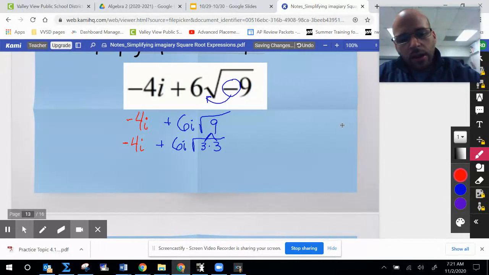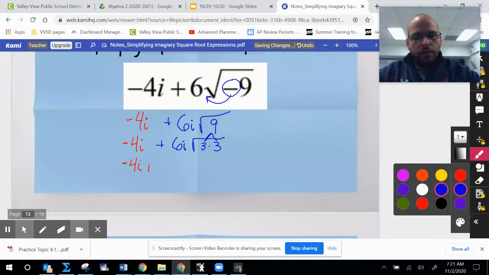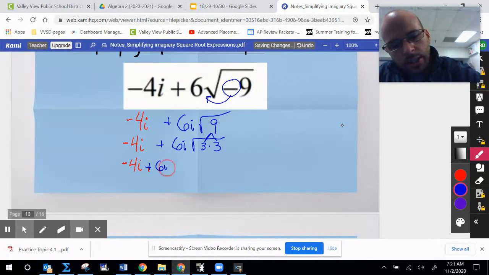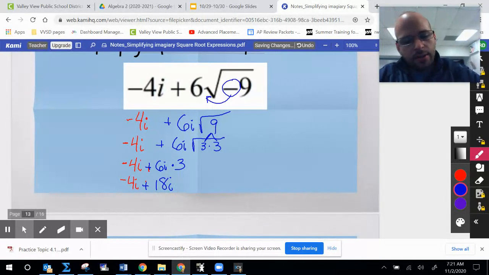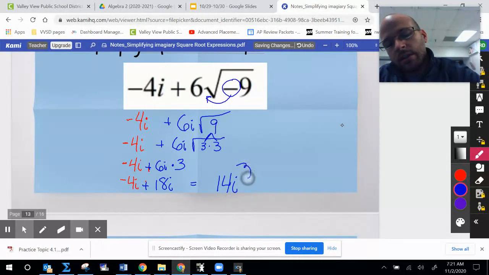And I have a negative 4i plus 6i, and now square root of 3 times 3 is just 3. So that gives me a negative 4i plus 3 times 6i is 18i. And we can actually add those together. Negative 4i plus 18i is a 14i.